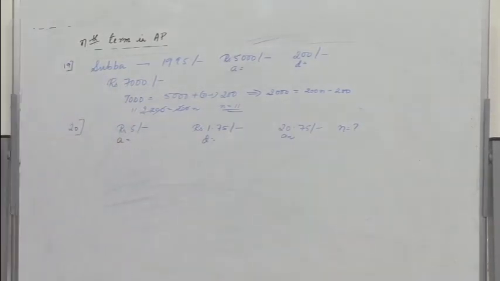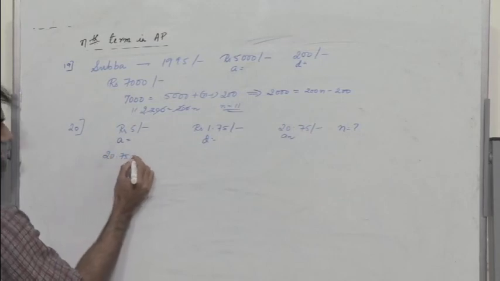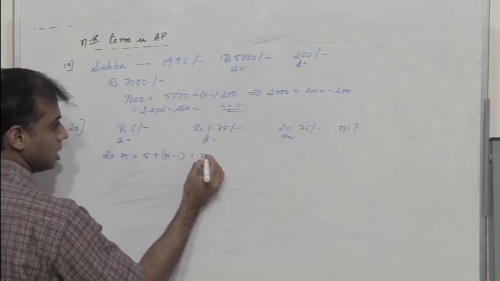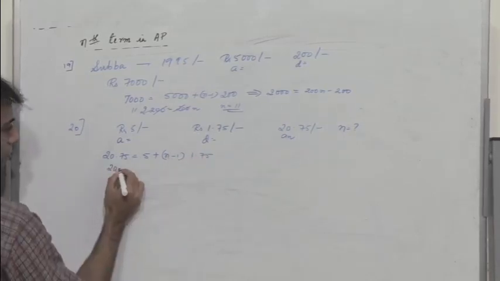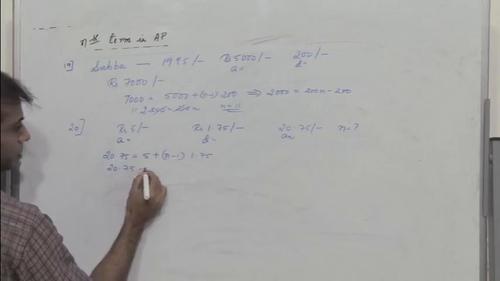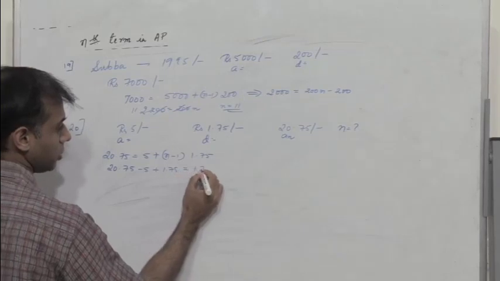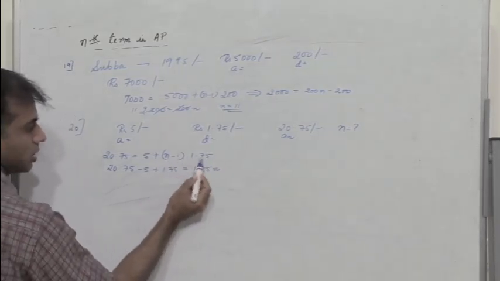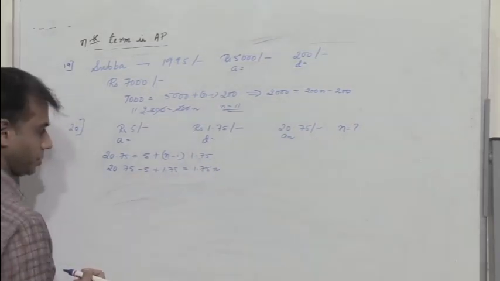So we need to find the value of N. So AN, which is 20.75, equals A plus n minus 1 into d, which is 1.75. So 20.75 minus 5 plus 1.75 equals 1.75 into n. When I multiply this, I get n into 1.75 minus 1.75, which becomes plus.